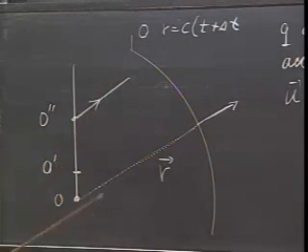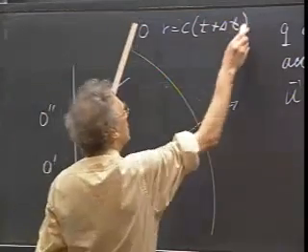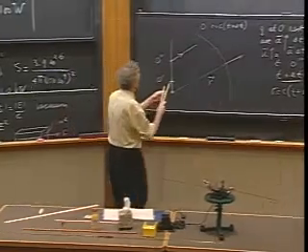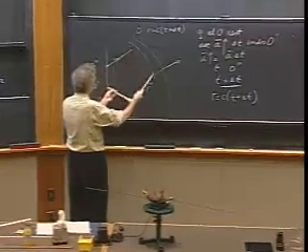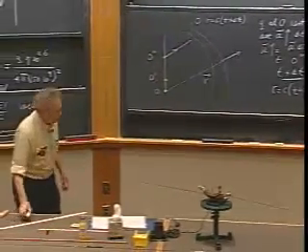outwards. And the world that knows about this is the world which has a sphere around O prime with a radius c times t. So I'm going to draw another circle, which in reality is a sphere, about point O prime. This sphere has now radius ct.